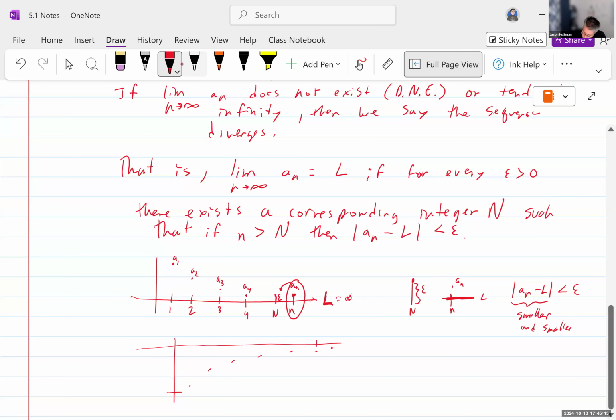And so if I go out to capital N, then I can always go a little bit further to lowercase n. I can always go one extra term, and that's going to get me closer to my limit. And I keep getting closer and closer to the limit.